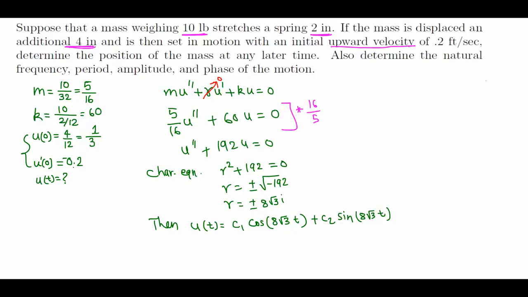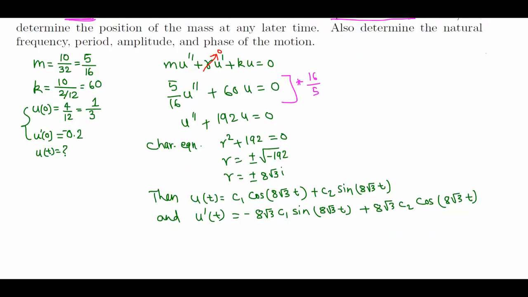To use the second initial condition u prime, we need to find the derivative. The derivative of cosine is negative sine, so negative 8√3 c1 sine 8√3 t, plus the derivative of sine is cosine, so 8√3 c2 cosine 8√3 t.